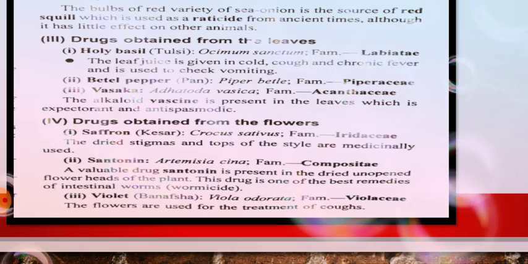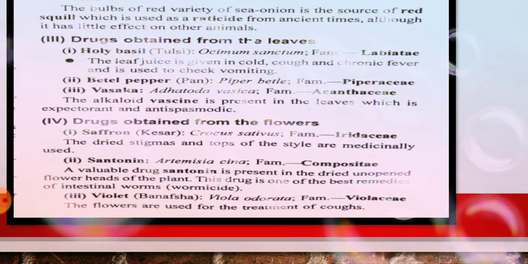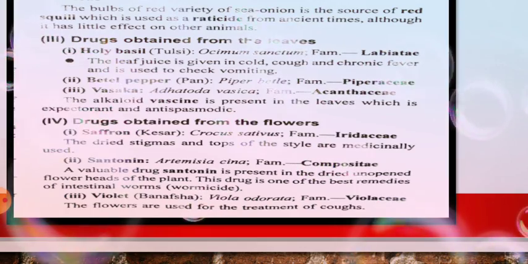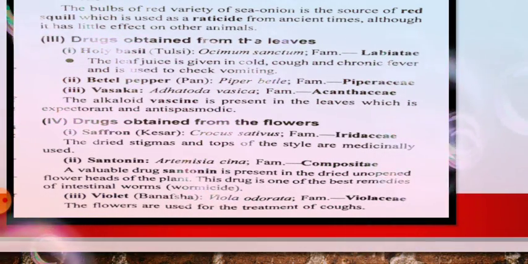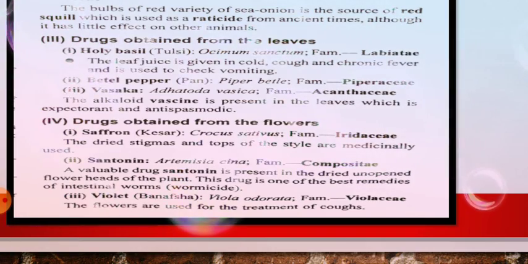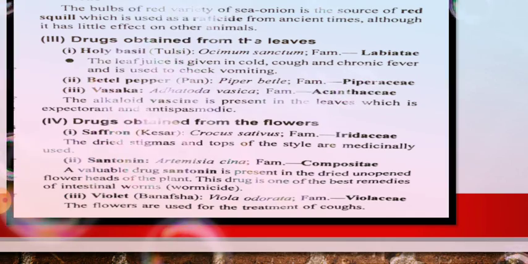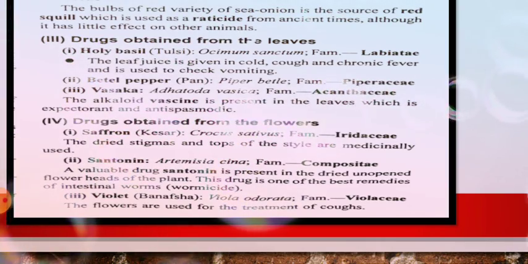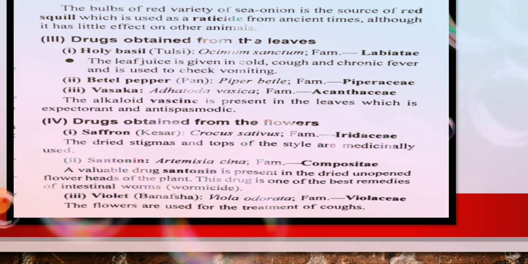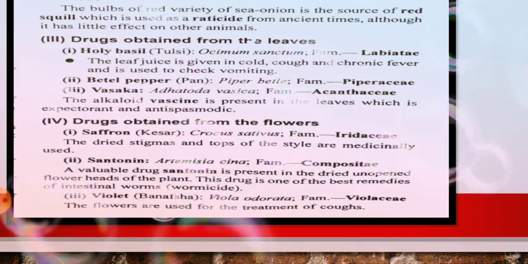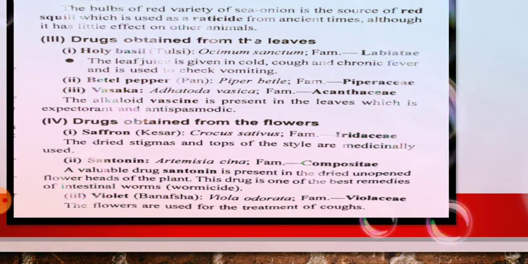So here we see that santonin is a drug obtained from the dried unopened flower head of the plant. This drug is one of the best remedies for intestinal worms, so it is mainly used as a wormicide.